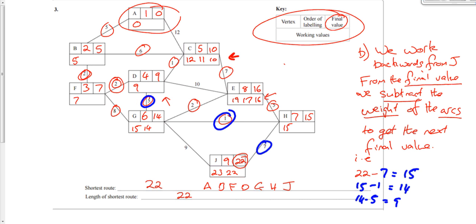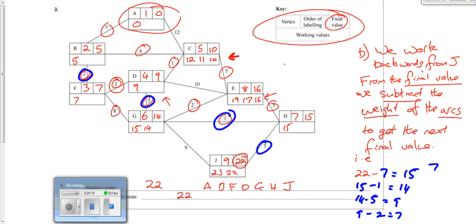We did 9 take away 2, and that equals 7. We did 7 take away 2, and that gave us 5. Then did 5 take away 5, which gave us 0. And that's how we get all the way back.